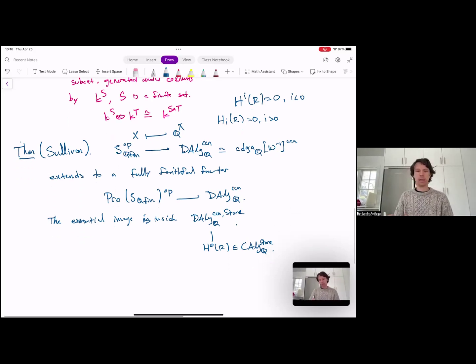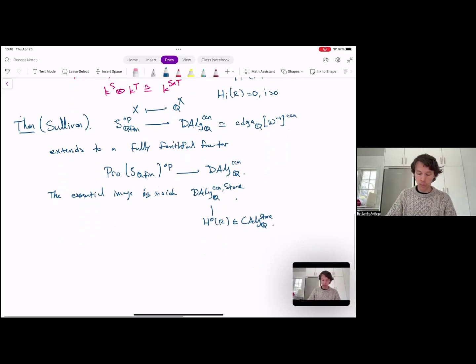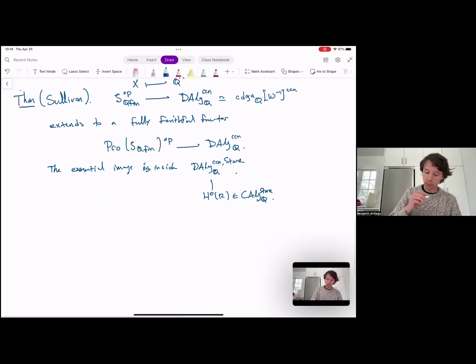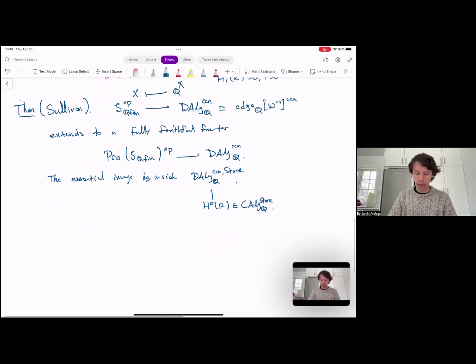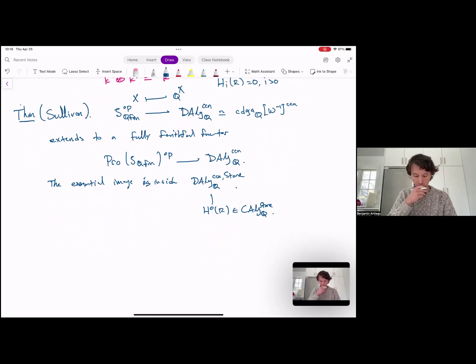This isn't exactly how Sullivan would have phrased it, but okay, so that's theorem one in this classical direction. And this is great. This is telling us that for a large array of spaces, we can recover the space in some sense from its cochain ring.